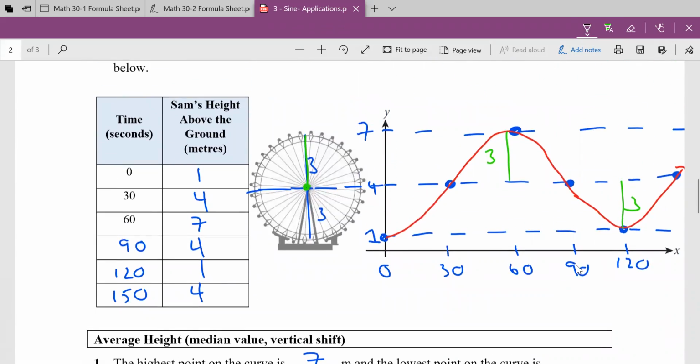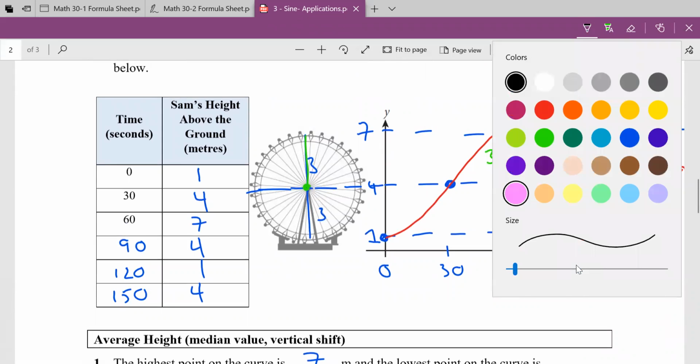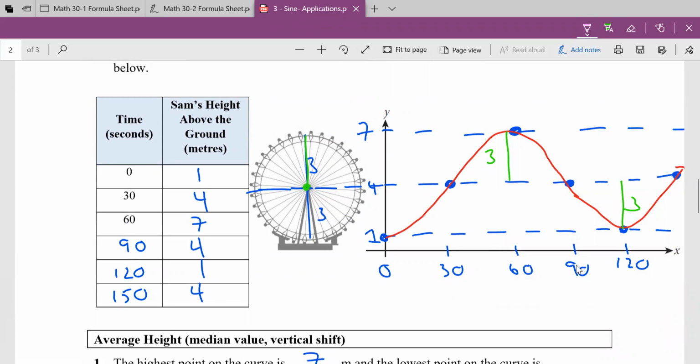I'm going to change to hot pink. So I go to my median line and I say, where is this graph going up on my median line? Right there. And I say to myself, is it on the median line? Yes. Is it going up? Yes. Is it on the y-axis?